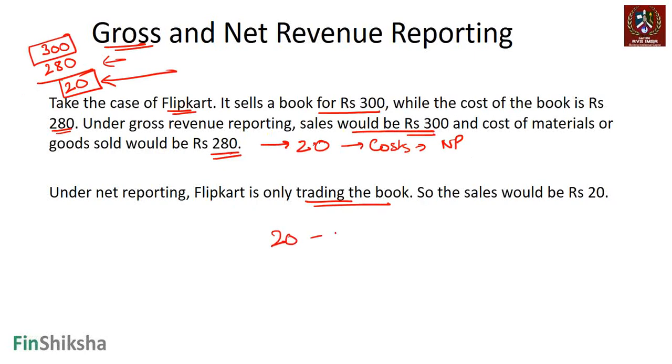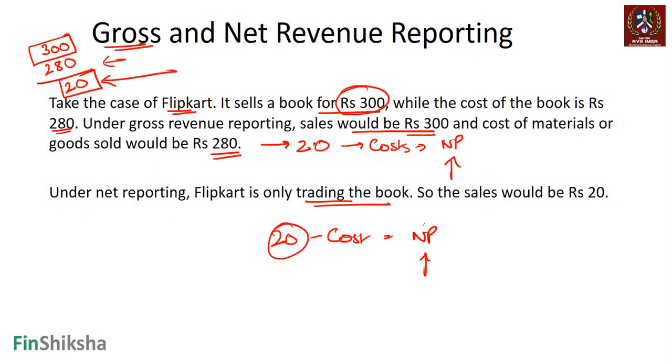So sales is 20 and you remove your costs, that comes to the net profit. In both cases, remember the net profit is going to be the same. These costs are Flipkart's costs, such as the salary of the delivery boy or electricity of the warehouse, right? Net profit is the same, but the revenue number is bigger in gross and smaller in net, right?